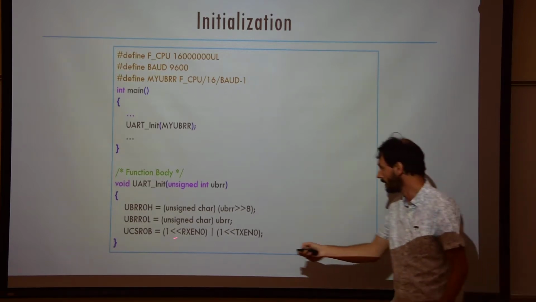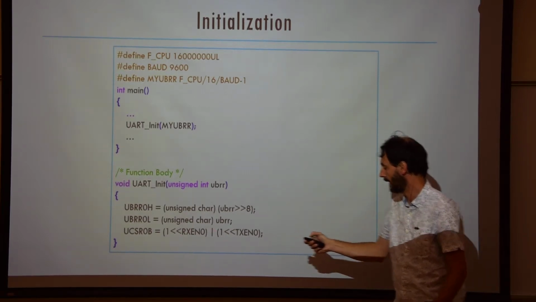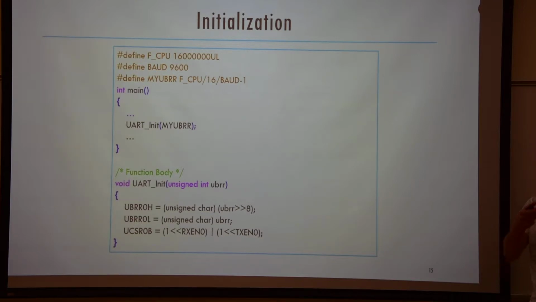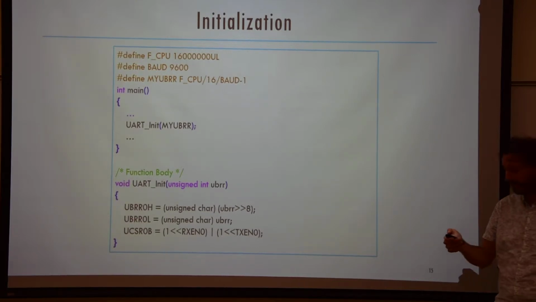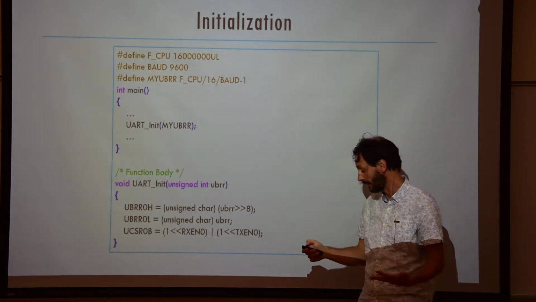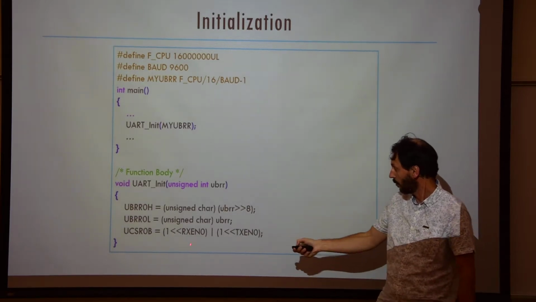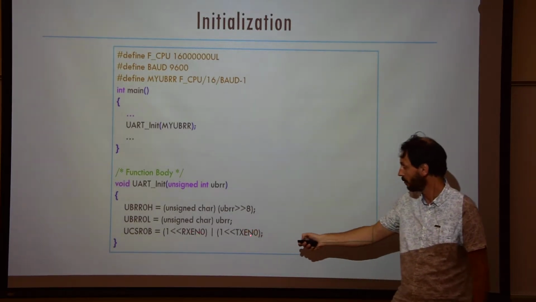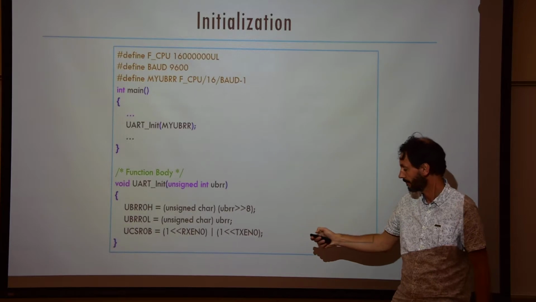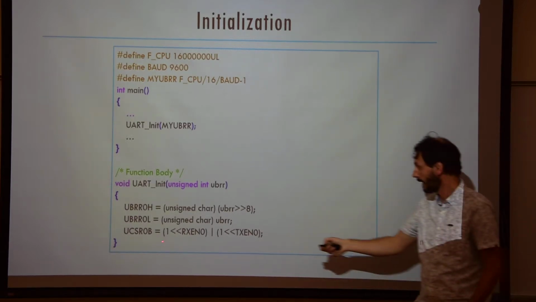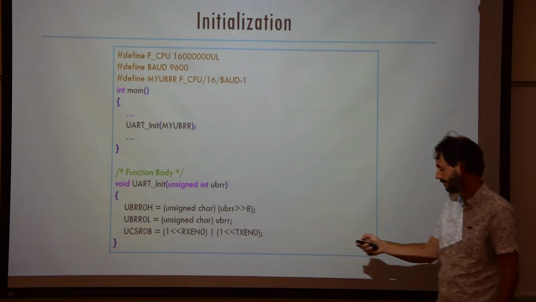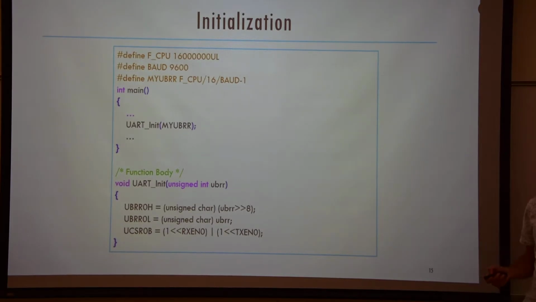So if I compute this, because I have an OR sign here, I get an 8-bit byte that has a 1 in exactly this position and a 1 in exactly that position. And that is what I assign to this particular register. And I want all the other bits to be equal to 0. So that's how I initialize my UART.